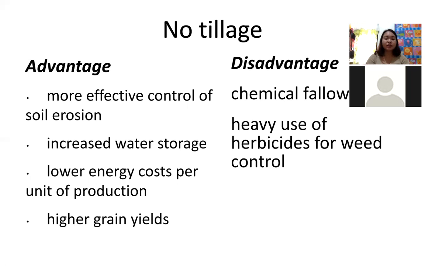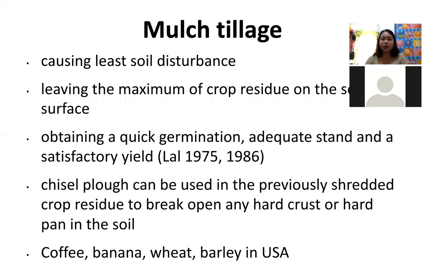While it also increases water storage, lowers energy costs per unit of production, and they also claim that it has higher grain yields. However, the disadvantage, of course, is the chemical fallow and the heavy use of herbicides for weed control. Because for no tillage, you still use herbicides and of course fertilizer. However, you just don't till the soil or plow the soil.